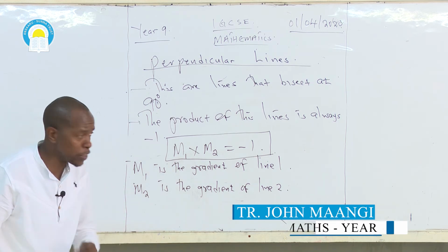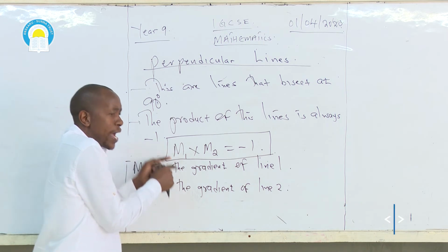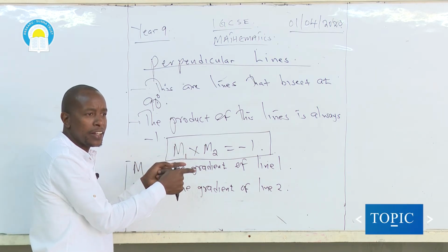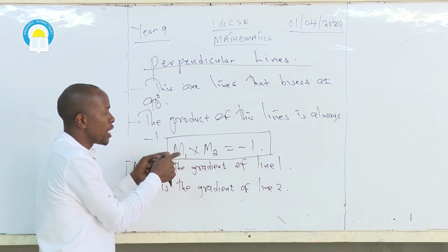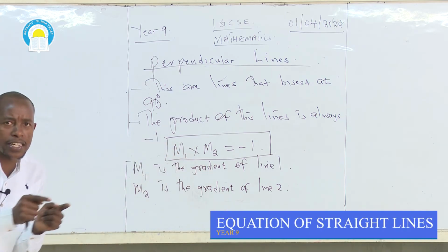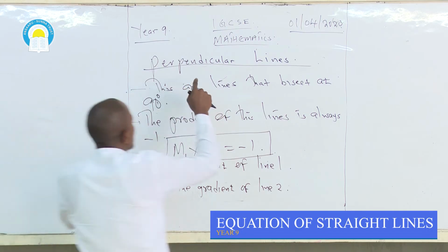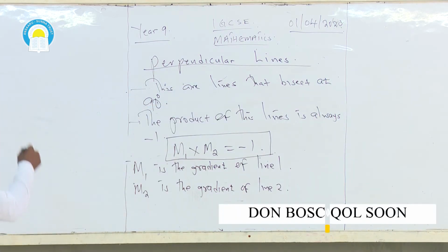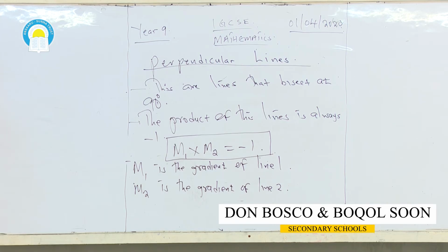That is one. Number 2, they will also want you to find an equation which is perpendicular to another. Those are 2 essential things that you need to have when it comes to perpendicular lines. Now, let's look at this example.